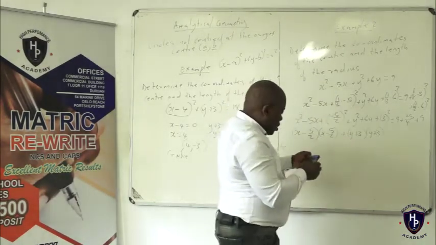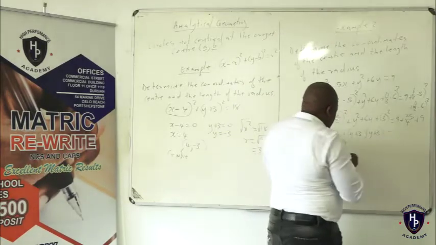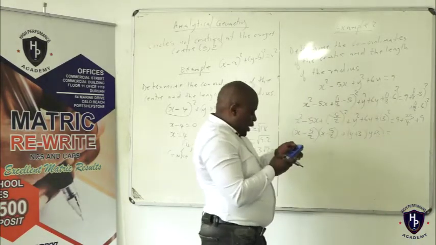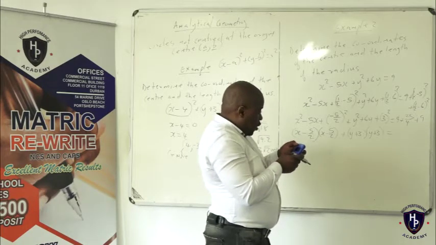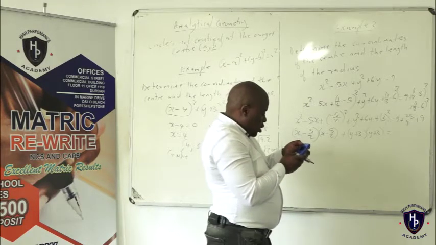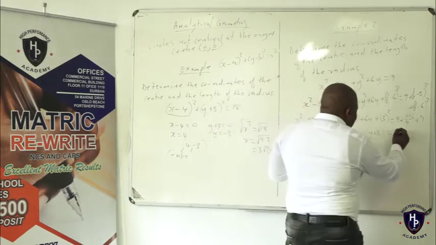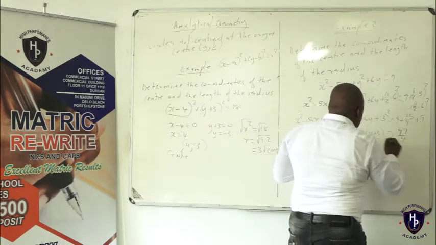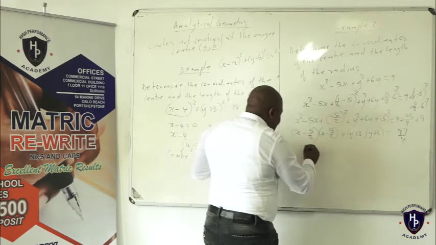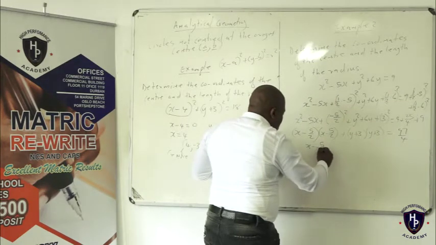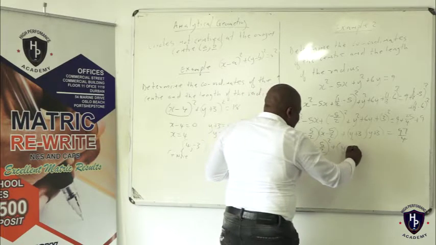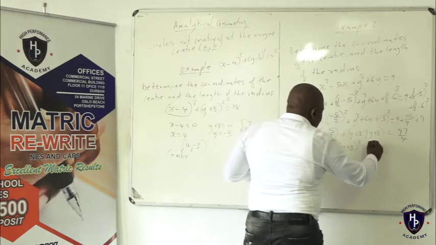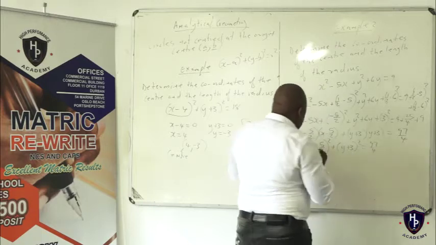Now, this is equal to 9 plus 9 plus 25 over 4. This is 97 over 4, okay? So you can say this is (x minus 5 over 2) all squared plus (y plus 3) all squared equal to 97 over 4, okay?